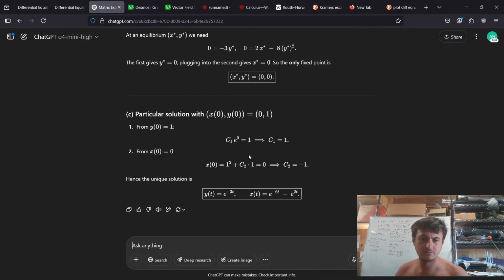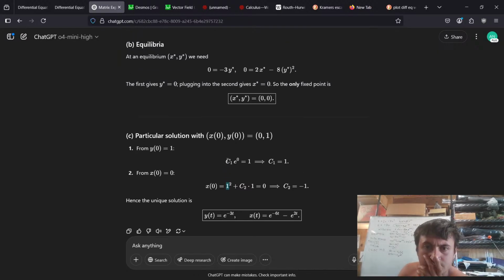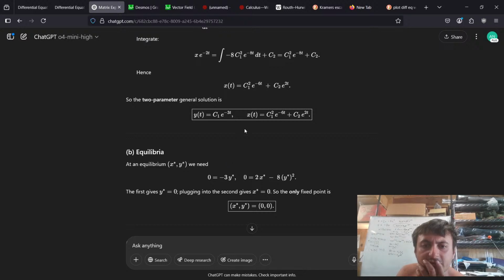Okay, so yeah, we need to be careful because this is c1 squared minus 6t c2.